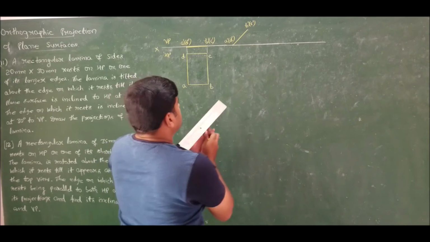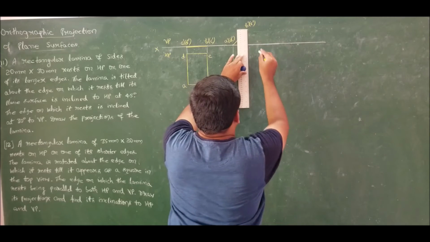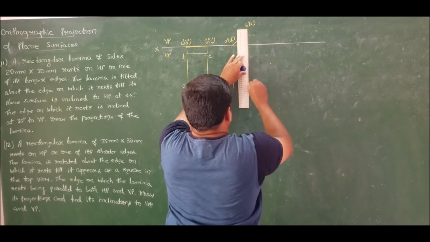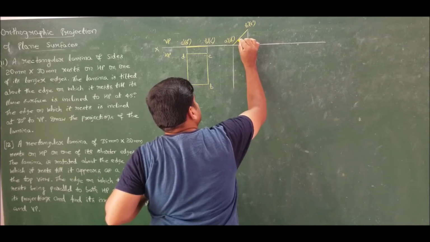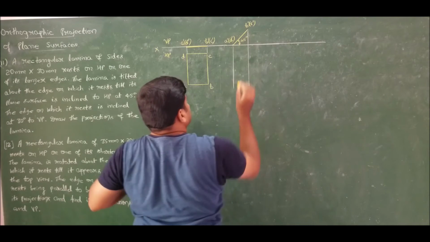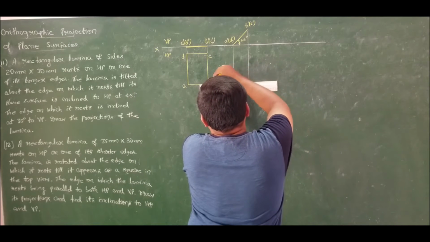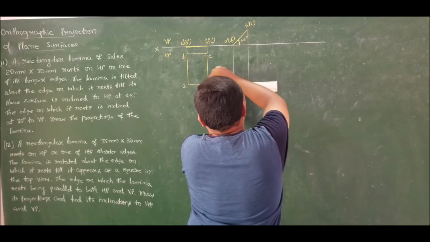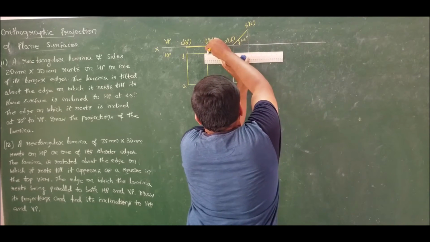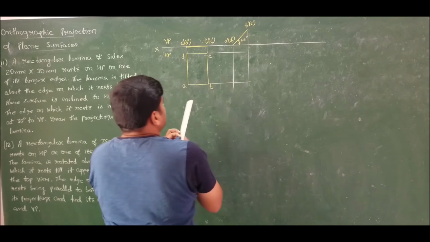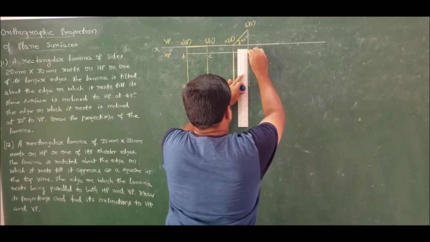Now take the projection. This inclination is given, which is 45 degrees. Take the horizontal projection and complete the second position, top view. Like this. So this will be our second position, top view.